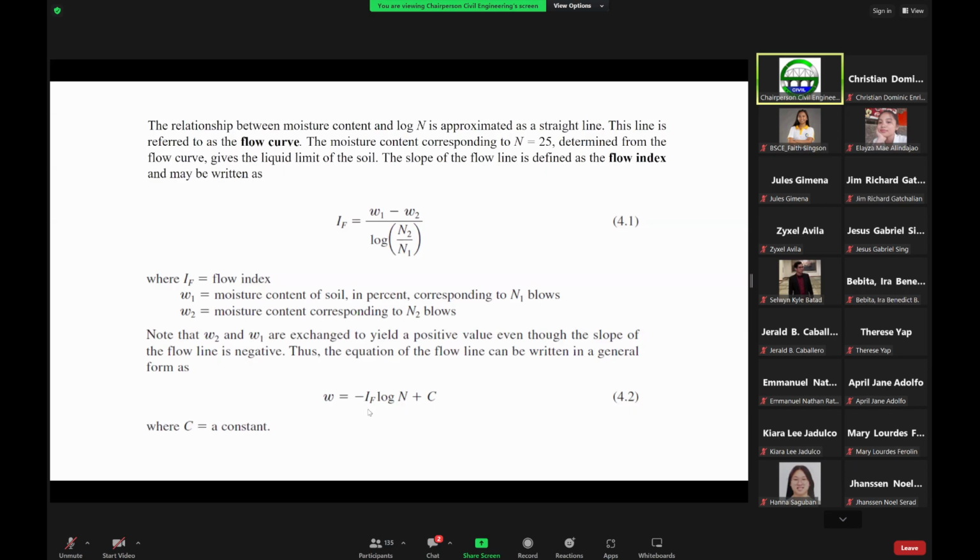Just a note that these two moisture contents are exchanged to yield a positive value, even though the slope of the flow line is negative.